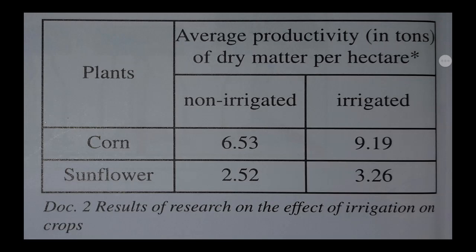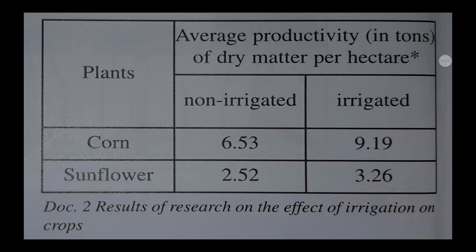As we observe document 2, we can see the average productivity of dry matter per hectare. For example, for the corn, the irrigated is 9.19, which is very good. The non-irrigated is less, which is 6.53 tons.